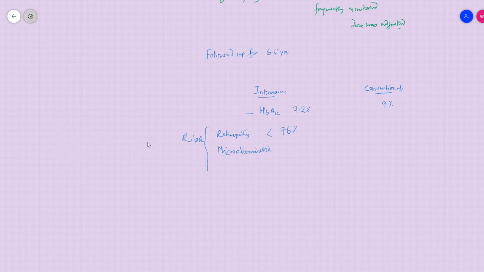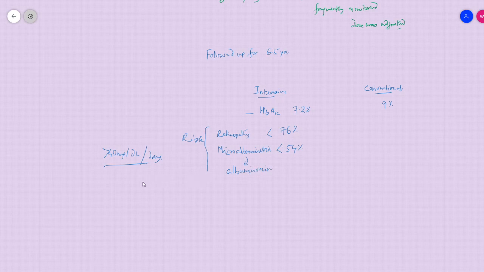We say it is greater than 40 milligram per day. Initially there were people who did not have microalbuminuria, so their risk decreased by 54%.